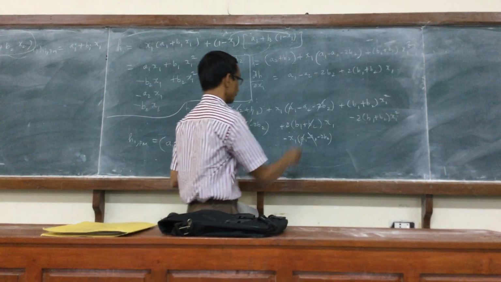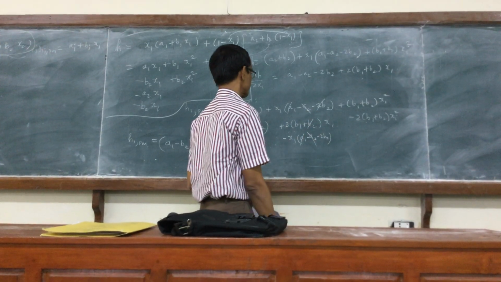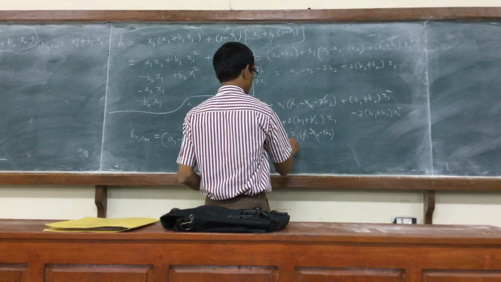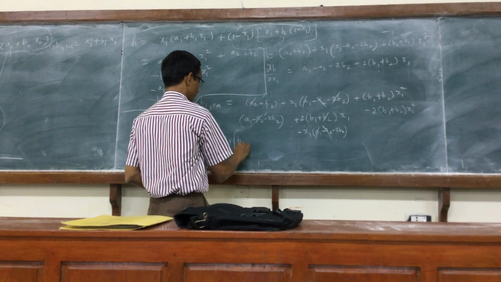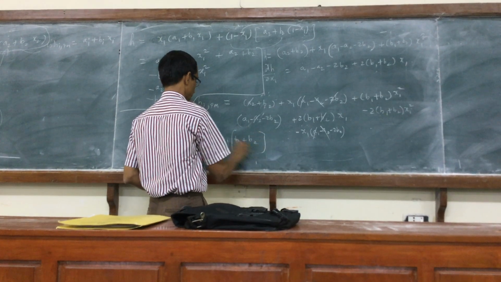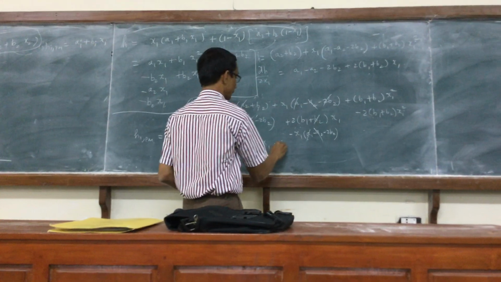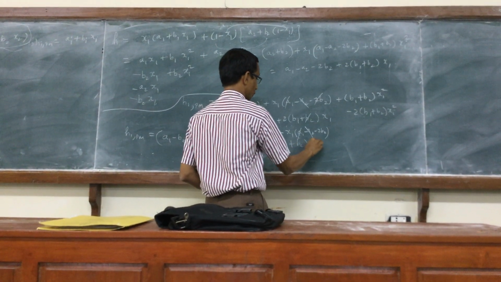So I remove that minus a2 x1 and then plus a2 x1. So that's also going to get cancelled. So I have 2b1 x1 plus 2b2 x1. So this will be 2 times b1 plus b2 times x1. And then I have minus b1 plus b2 times x1 squared.